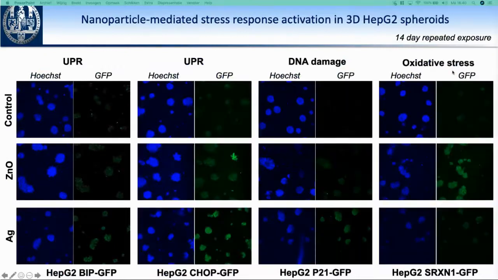So this is how it looks when you expose certain nanoparticles within these spheroids. For instance, we have tested reporters for the UPR, DNA damage and oxidative stress. You can see that after 14 days of repeated exposure, we see an enhanced signal of these various reporters, so that you can visualize which stress responses are being activated upon exposure to these nanoparticles.